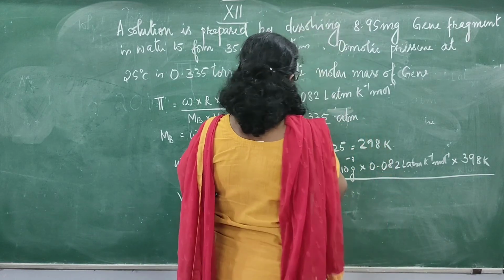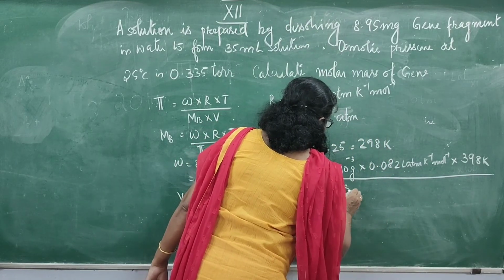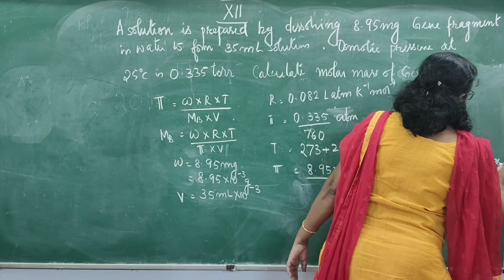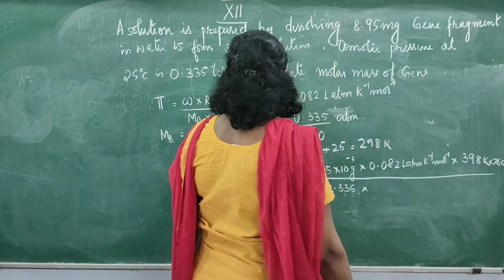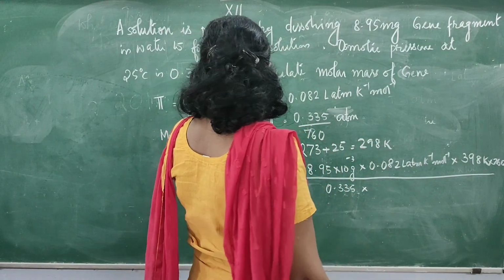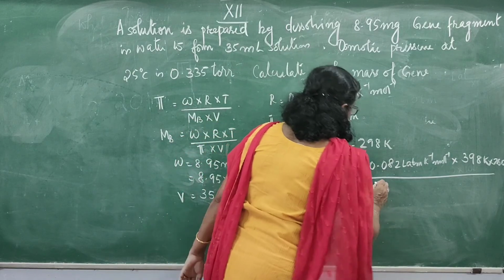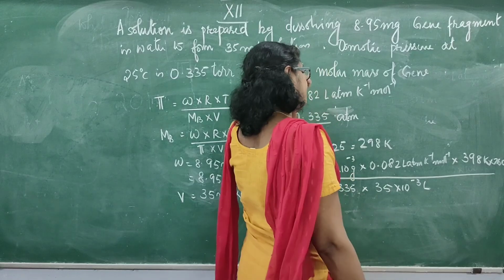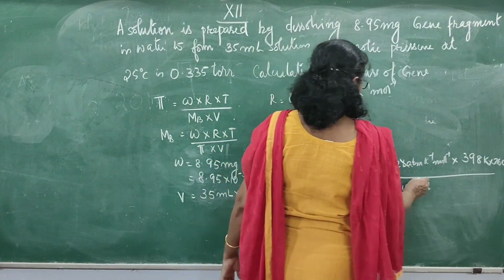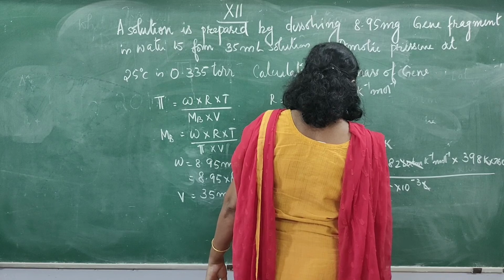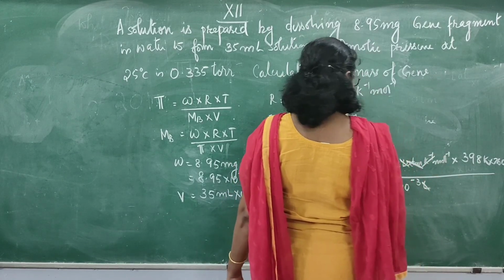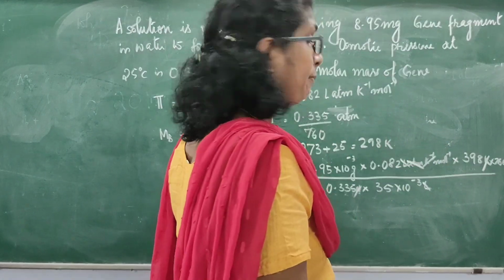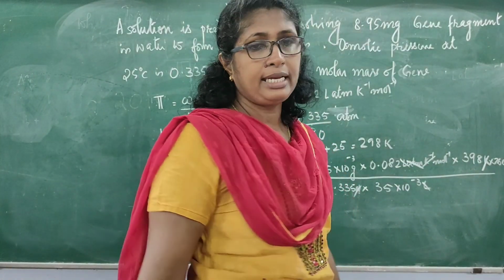What is Pi? Pi is 0.335 by 760, so 760 will go up, into then V. What is volume? Volume is equal to 35 into 10 raised to minus 3 liters. So liter will cancel. Atmosphere will cancel. Kelvin inverse and this 298 Kelvin will cancel. You will get only gram per mole. Okay. So do it and tell me the answer.